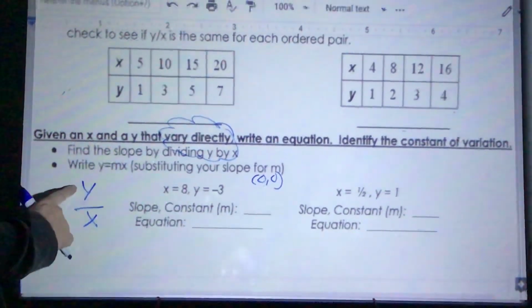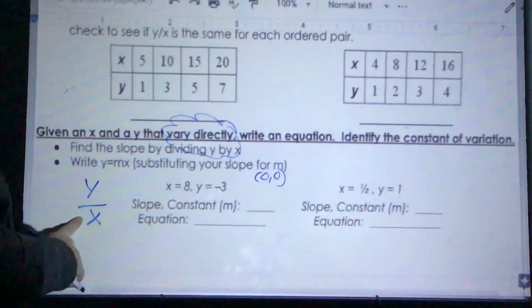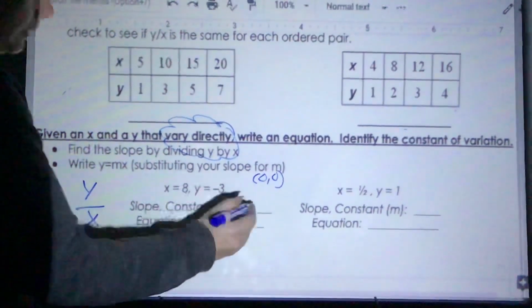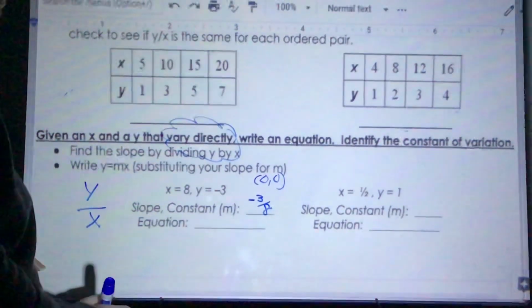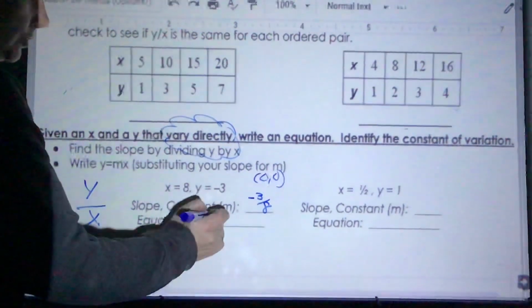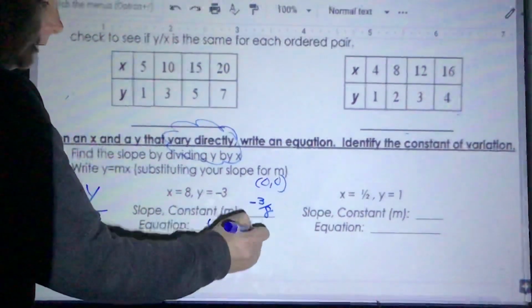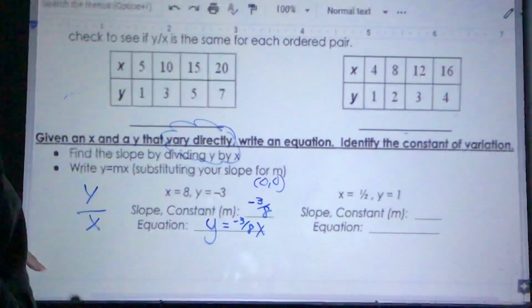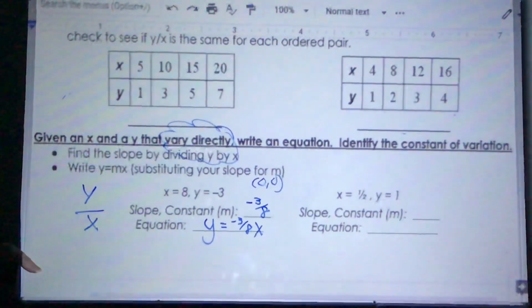We know that these go through 0, 0. So if we put our y number on top of our x number, we'll have our slope or our constant of variation. So I'm going to put the y number on top, the x number on bottom, and that's our slope. So the equation here would be y equals -3/8 x. So these are easy equations to write because you don't have to subtract to get your slope.